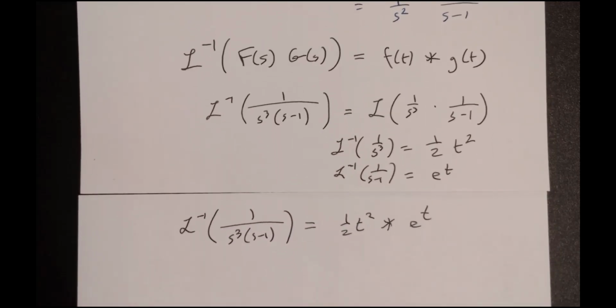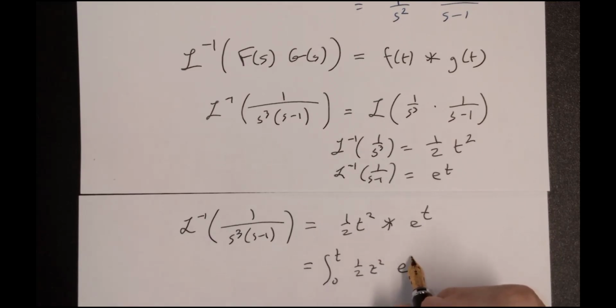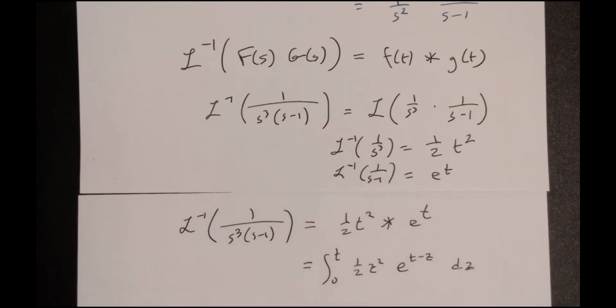The problem is, what I really have to do is to do that integral. If I want to know what the answer is, I need to do the integral from 0 to t of 1/2 z squared e to the (t minus z) dz, which unfortunately is integration by parts twice.